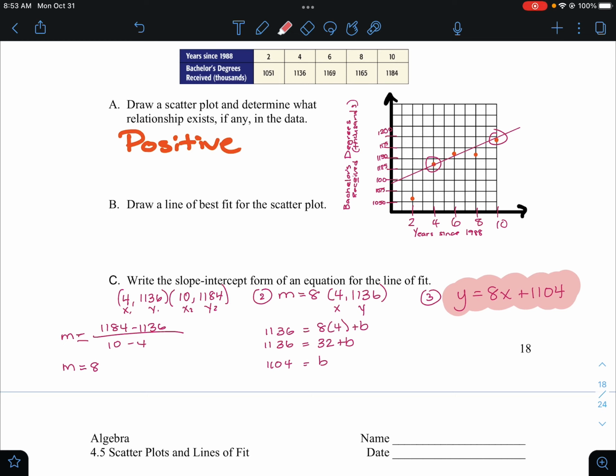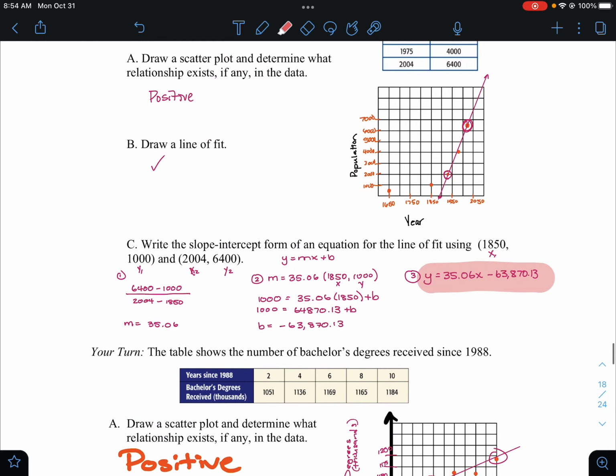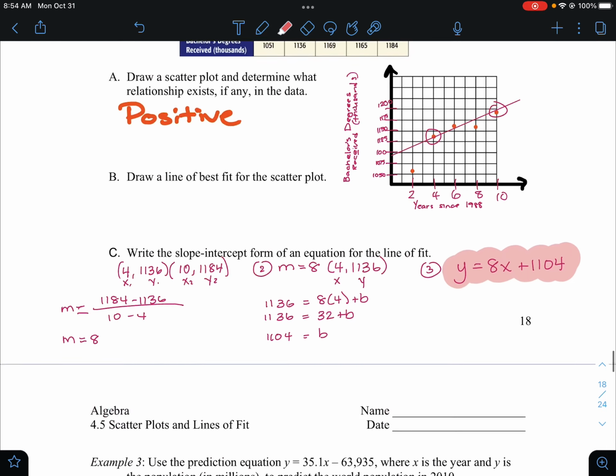You shouldn't have like 27x or negative 15x. It should be somewhere around 8. Okay, maybe a little higher, maybe a little lower. And then your y-intercept will vary depending on what value you got for your slope. That's why with this on the keystone, they generally have a range of values you should have, or they will do like we did in the last problem and give you specific points to use.